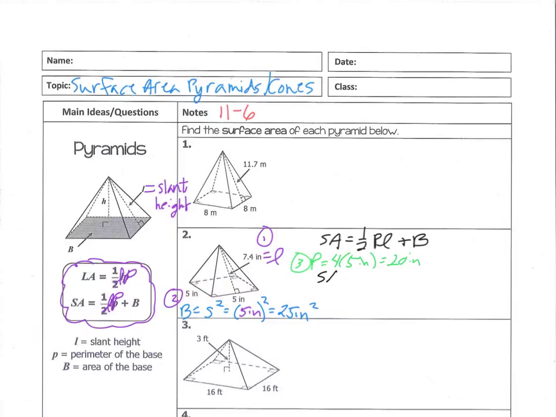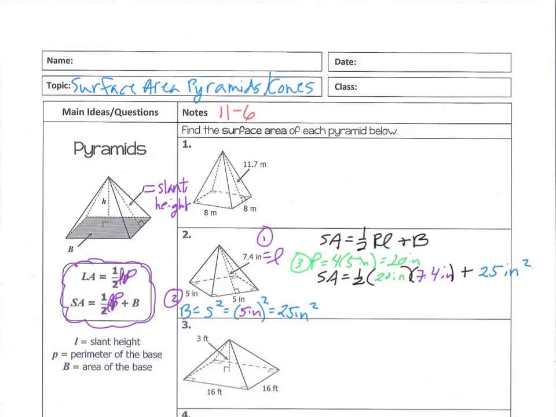So I have surface area is equal to 1/2. My perimeter we just found was 20 inches. My slant height was given, but we had to identify it, 7.4 inches. Plus my big B we just found, 25 inches squared.